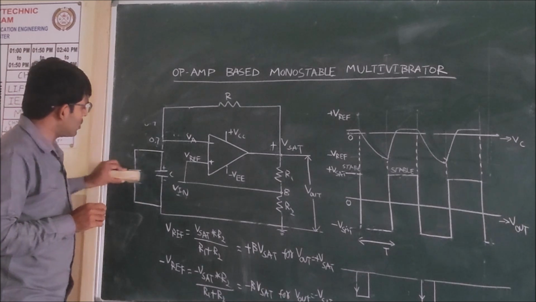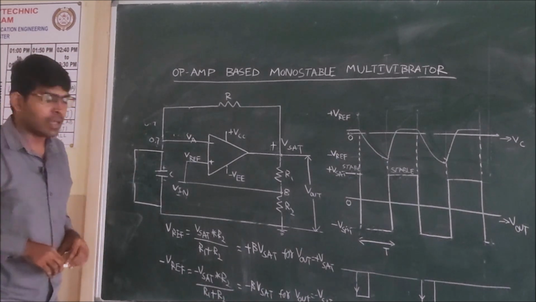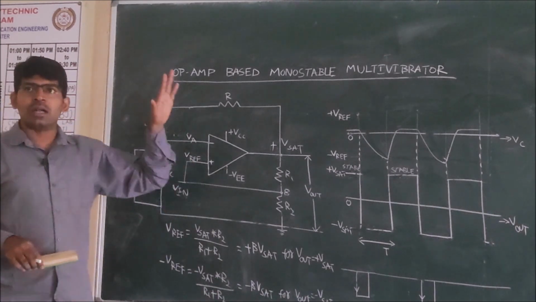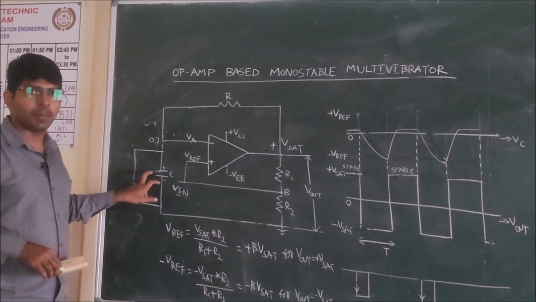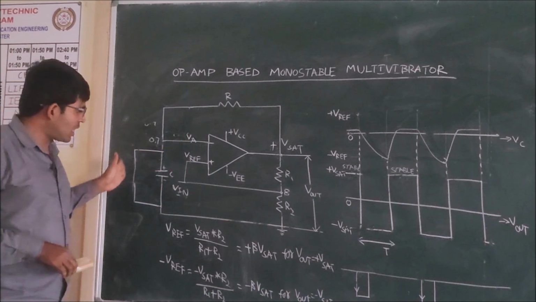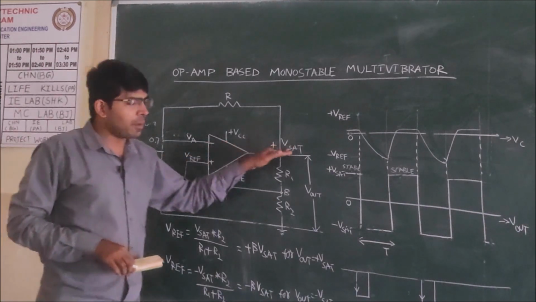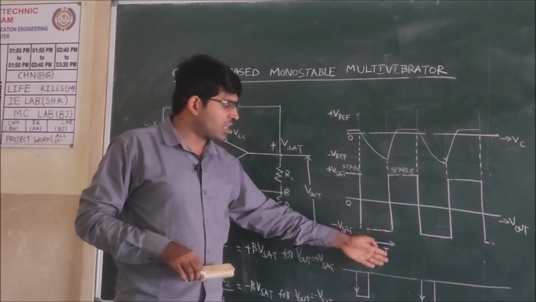After 0.7 volts, the diode comes into action and it will be short circuited. Even though the voltage is 0.8, 9, 10 or more, the capacitor is saying, I am not in this line, because it is short circuited. So this will be in plus Vsat again for an infinite amount of time until we give the trigger pulse.